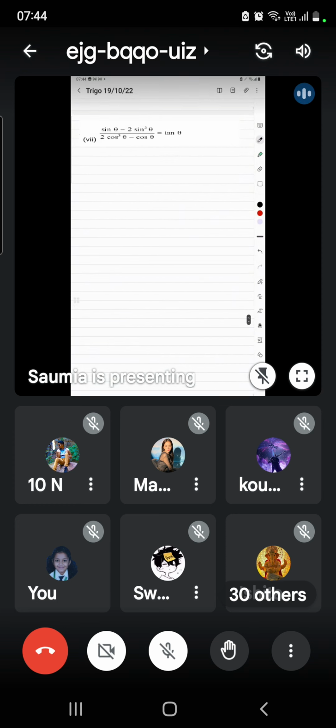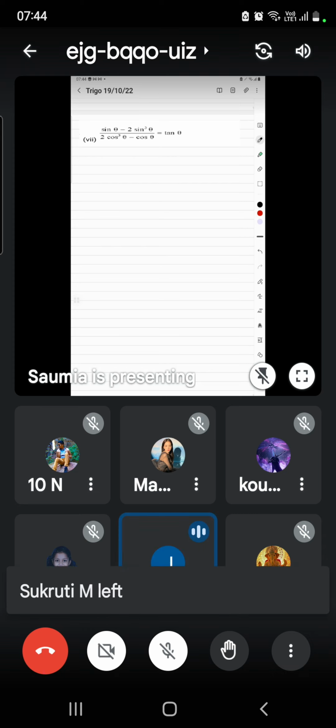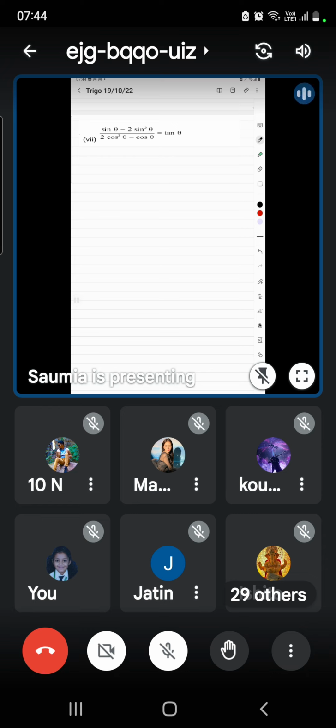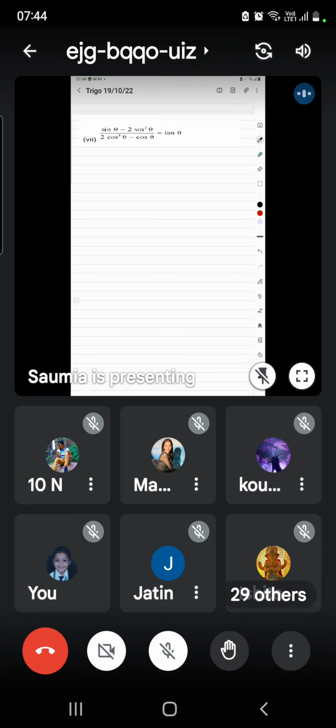(Sin theta minus 2 sin cube theta) upon (2 cos cube theta minus cos theta). Think how we can start with this question. We can take sine common and cos common. Yes, we can take sine common in the numerator and cos common in the denominator.